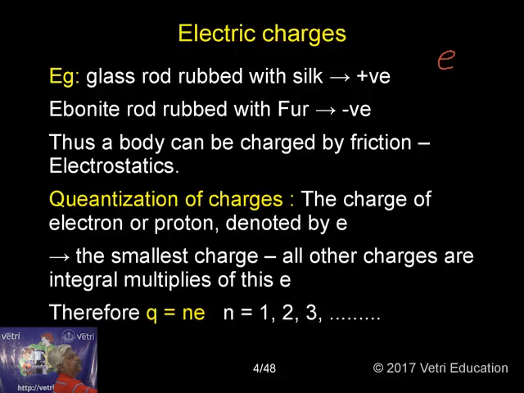The value of e, everyone knows, is 1.602 into 10 power minus 19 coulomb. A single charge can be represented by the letter small e, with value 1.602 into 10 power minus 19 coulomb.